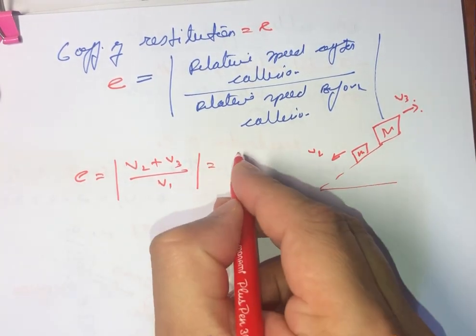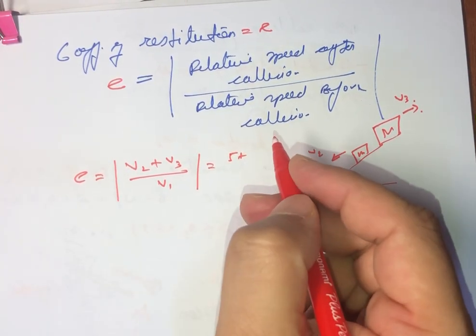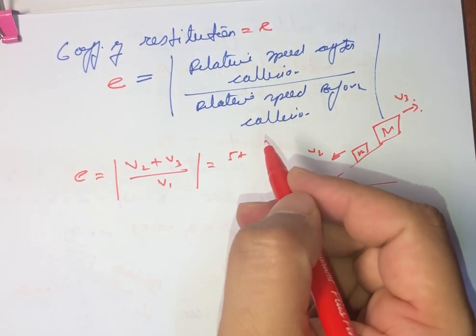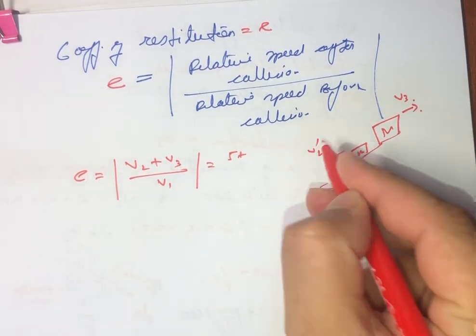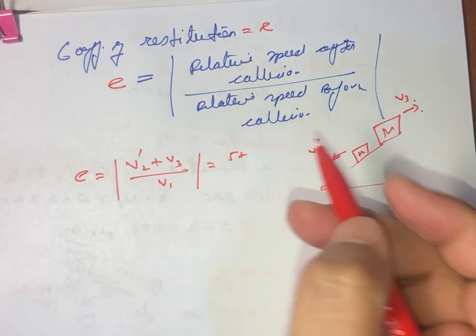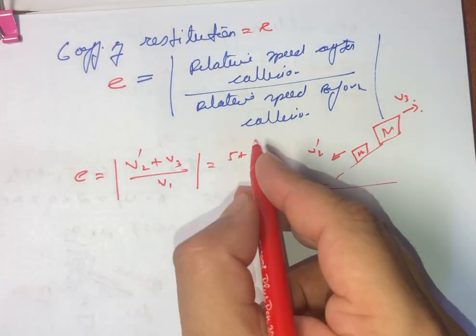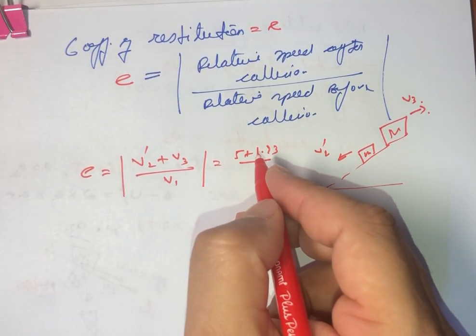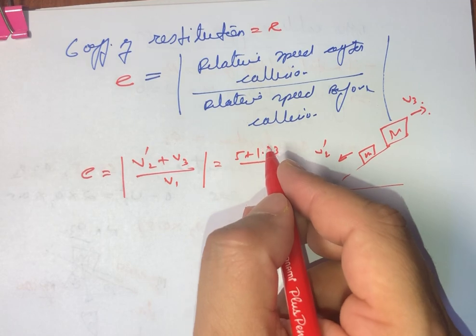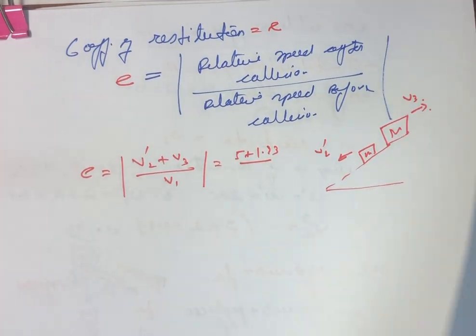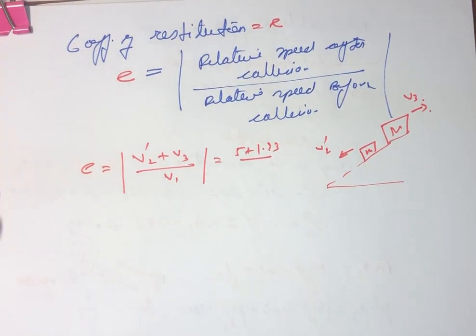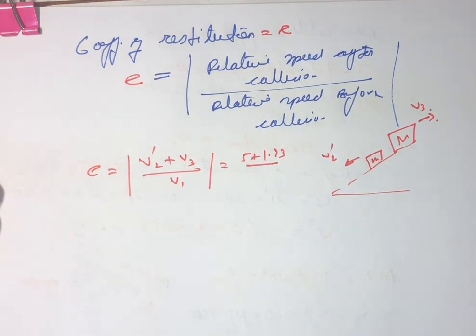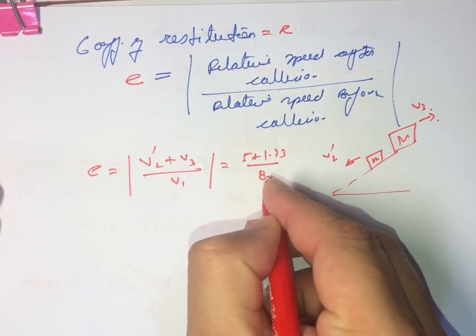Substitute the value, we get 5, sorry, this was v2 prime, and 5 plus v3, that is 1.73, and we found out v1 is 8 minus 0.